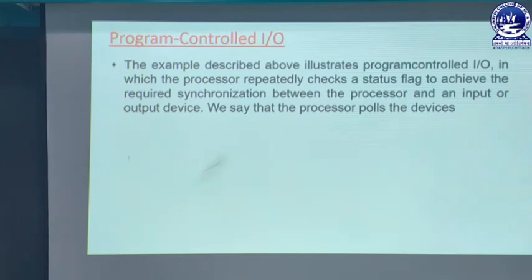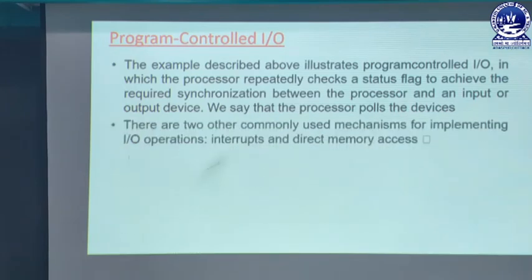So by checking that status flag's value repeatedly, the computer system achieves the synchronization between the processor and the IO devices. Then there are two other commonly used mechanisms for implementing IO operations: interrupt and direct memory access.